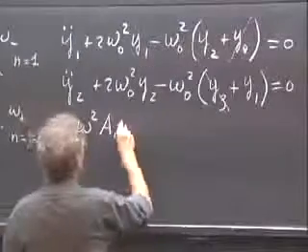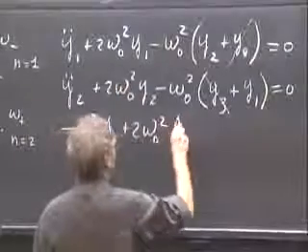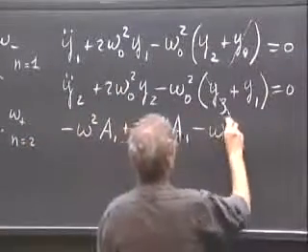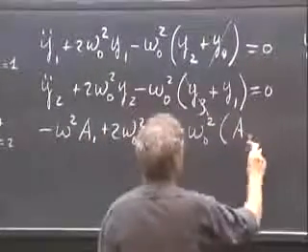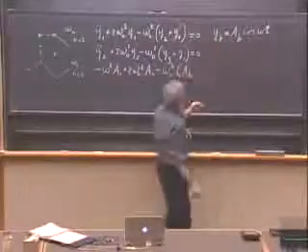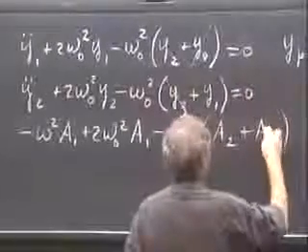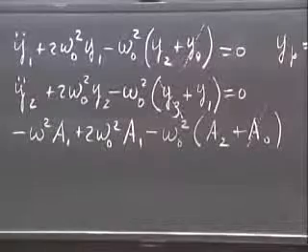Then I get plus 2 omega 0 squared times a1. And then I get minus omega 0 squared times a2. Right, because now I get a2, plus a0, which happens to be 0, but I just put it there. You will see shortly why I want to keep it there.